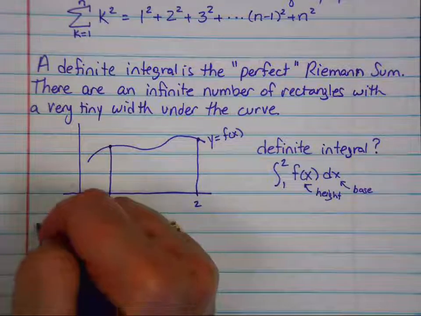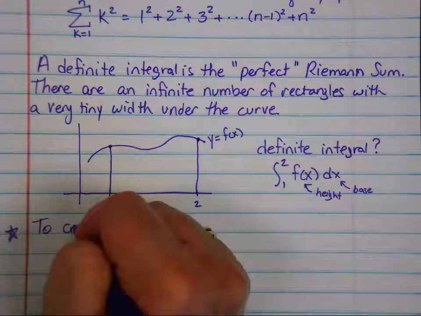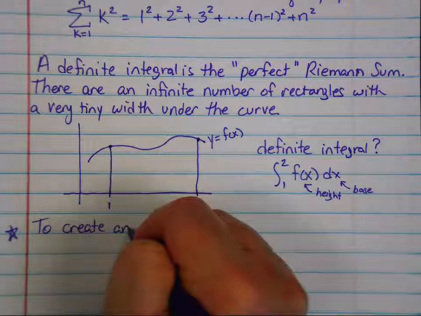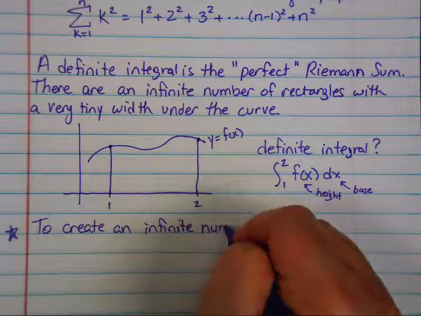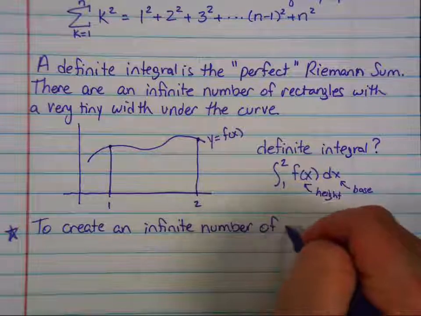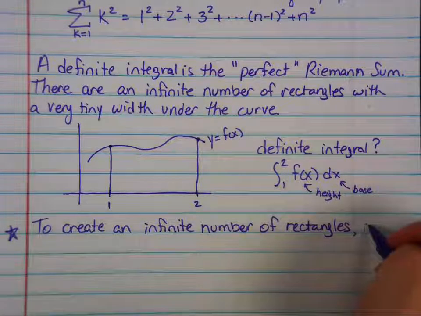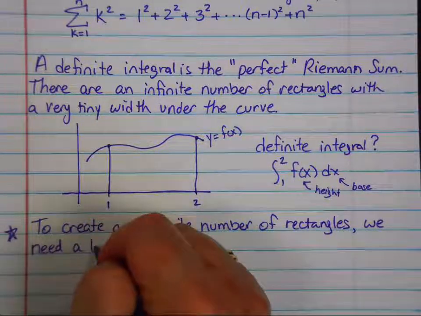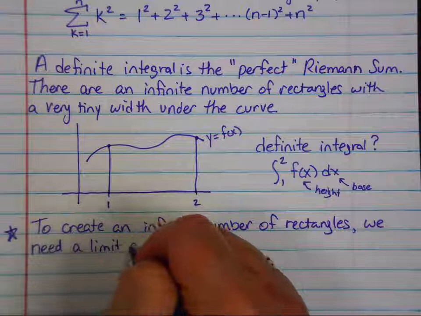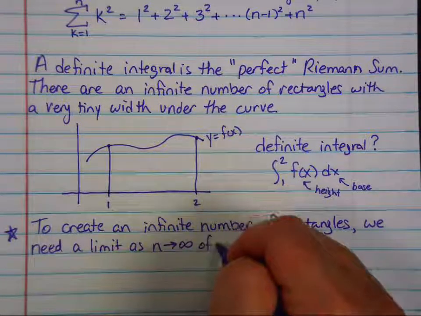So the next thing I want to write down is this, and this is kind of important, so I'm going to put a star by it. To create an infinite number of rectangles, we need a limit as n approaches infinity of the sum of the rectangles.